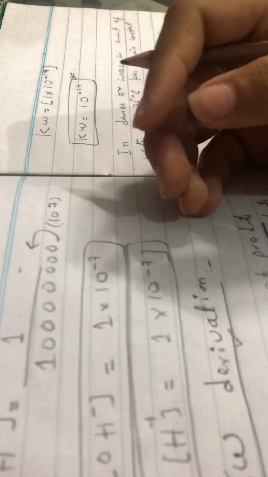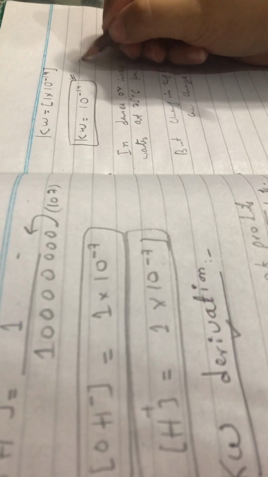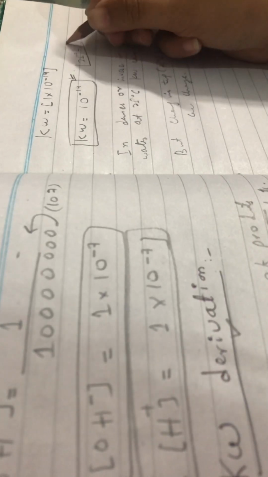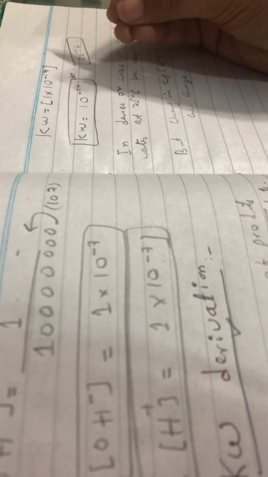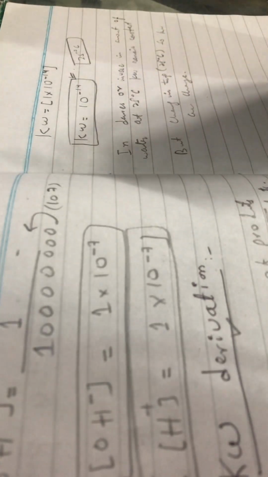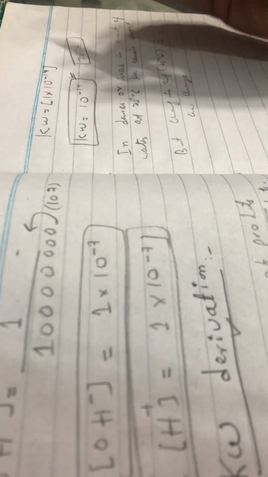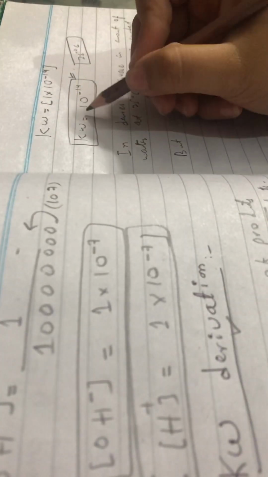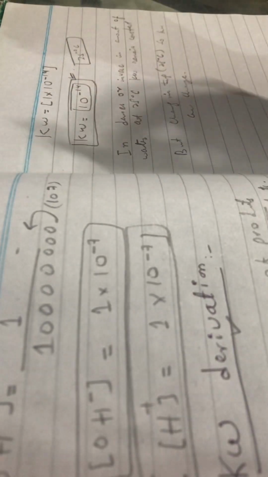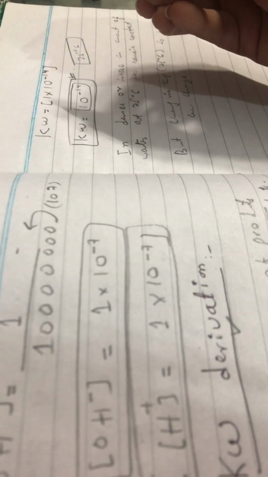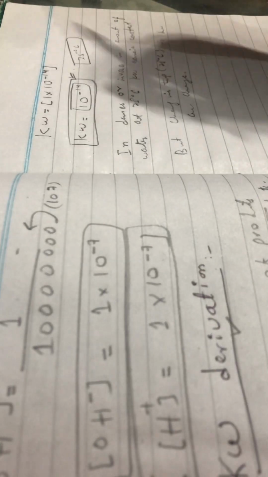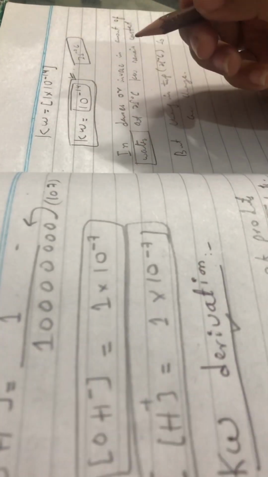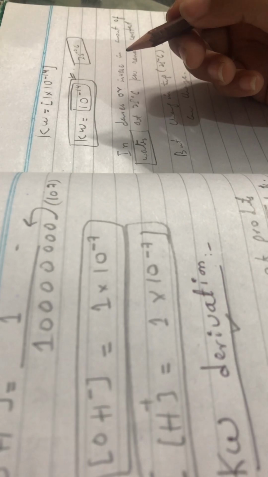If we keep the temperature at 25 degrees centigrade, we will get the constant value of Kw, that is 10 power minus 14, right? If we change the temperature, we will get a different value of Kw. But with a decrease or increase in the amount of water, Kw remains constant. It cannot change with a decrease or increase in the amount of water. So that was all about the ionic product of water.